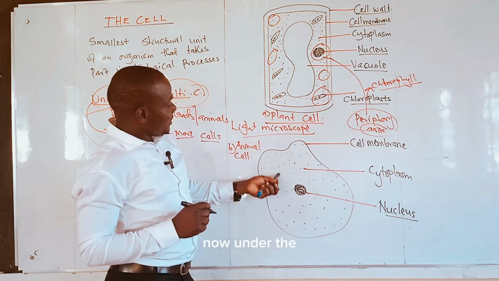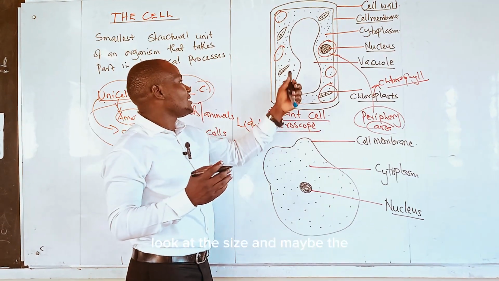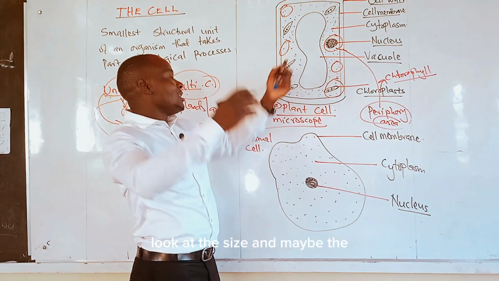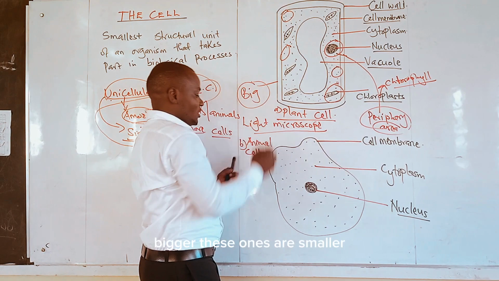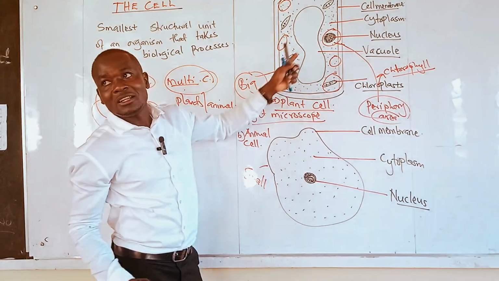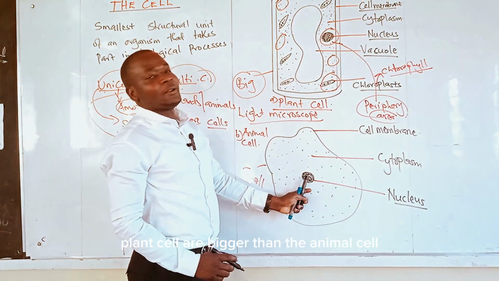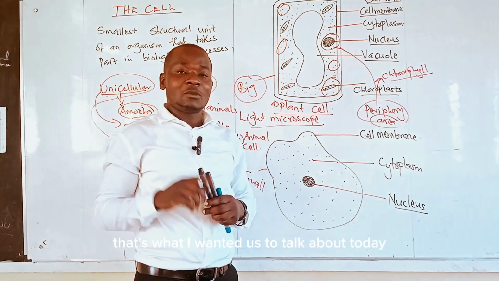I've also talked about the size. Look at the size. The animal cells are smaller compared to the plant cell. Plant cells are bigger than animal cells. So basically, that's what I wanted us to talk about today.